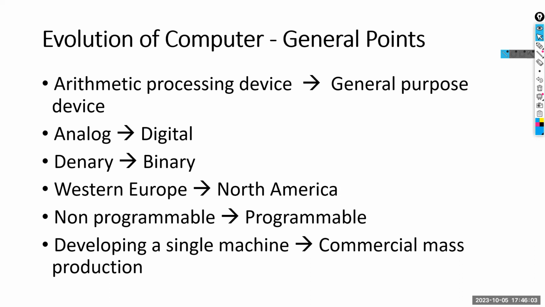For example, in the first generation we used vacuum tube based logic gates, in the second generation we used transistor based logic gates. So you have to understand what a logic gate is first. Without understanding a logic gate, you will not appreciate the difference between first generation electronic computers and second generation and so on. So these topics are interrelated.